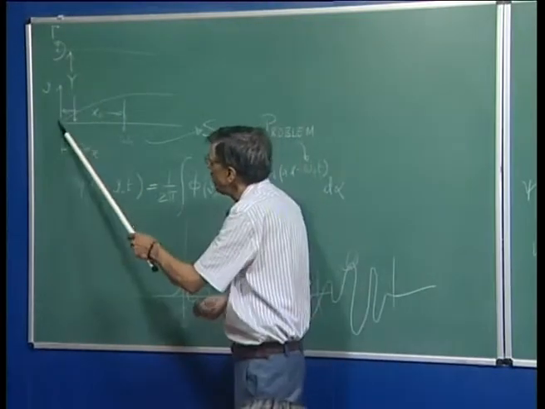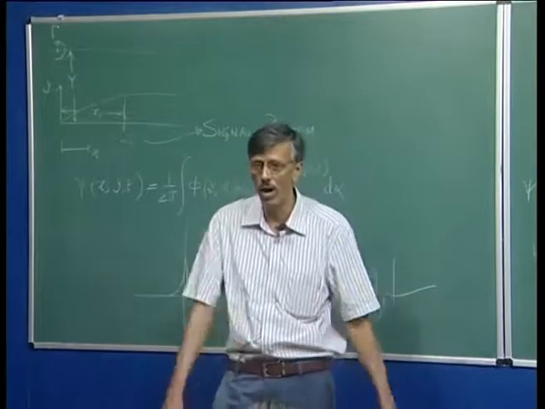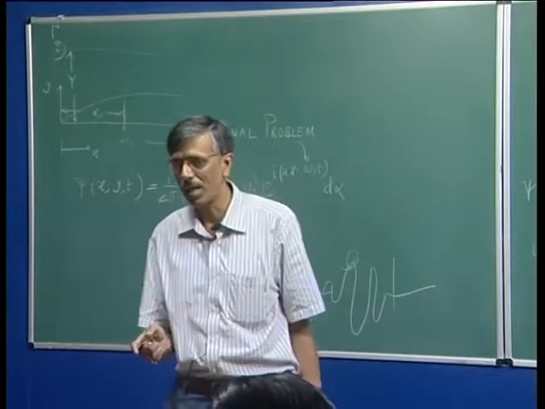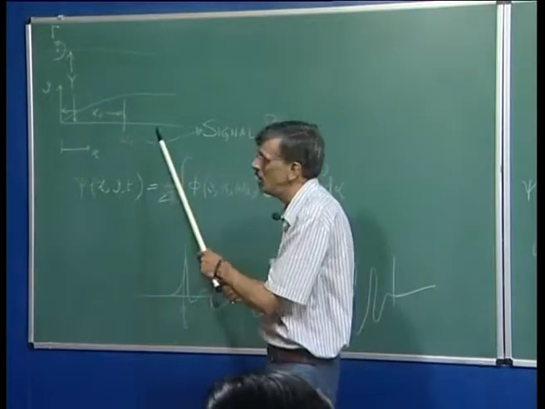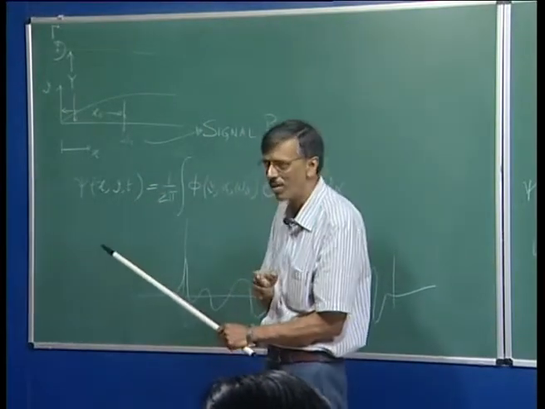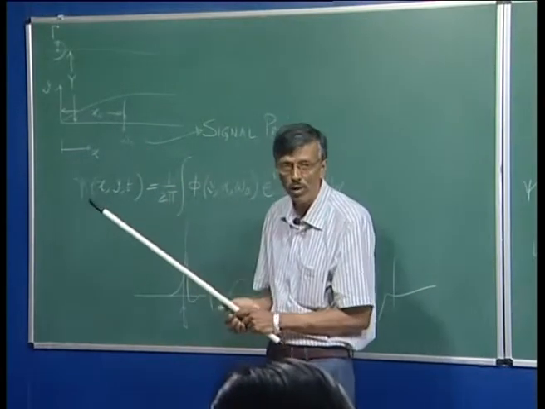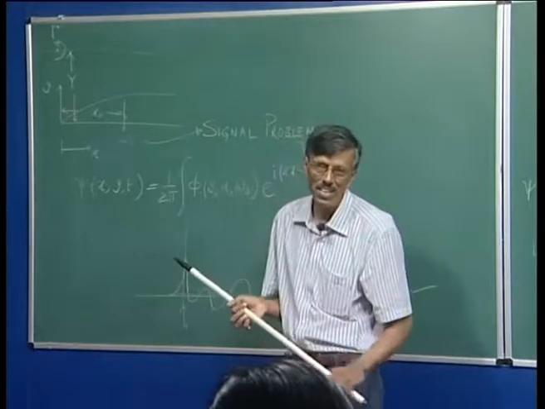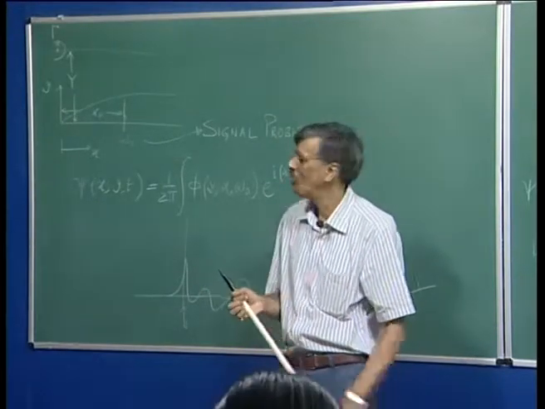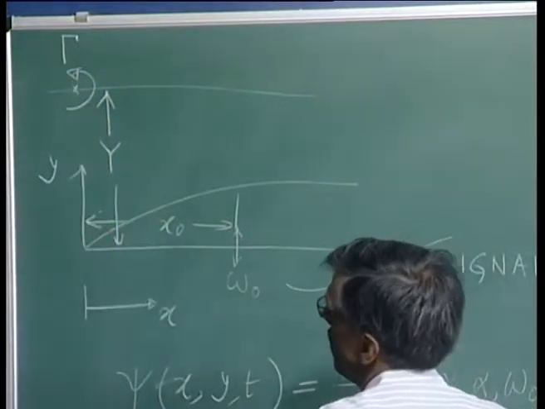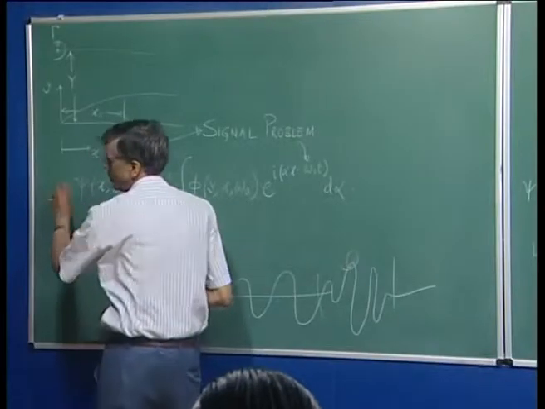The moment I place it in front of a solid wall, to satisfy the no slip condition, no penetration condition, well, there will be a slip velocity, but to satisfy that there is no net wall normal velocity, I must have an image system. So, once I have a gamma there, I should have a minus gamma here.